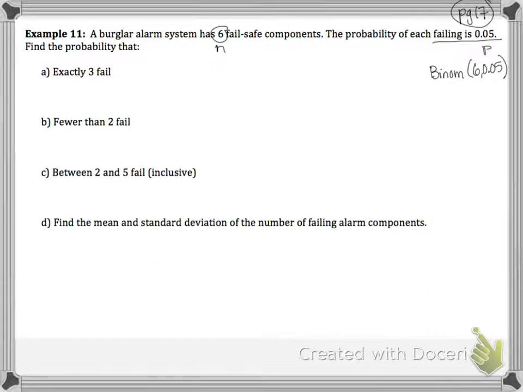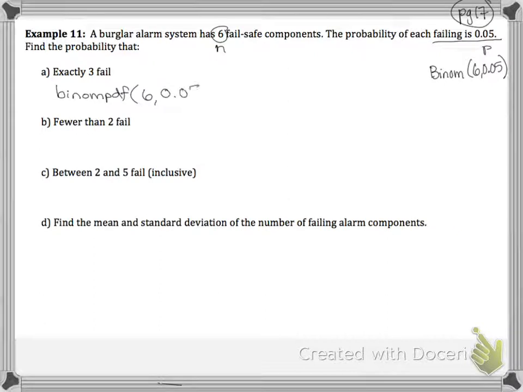This says exactly 3 fail, which means that we want to use the binom PDF when we're given exactly 3. So I want to go ahead and use the binom PDF, and then we've got 6 fail-safe components.